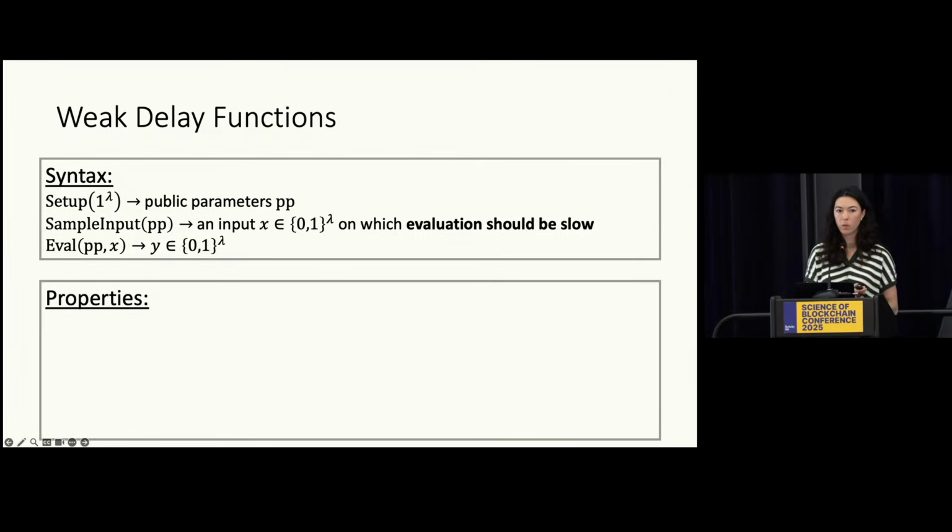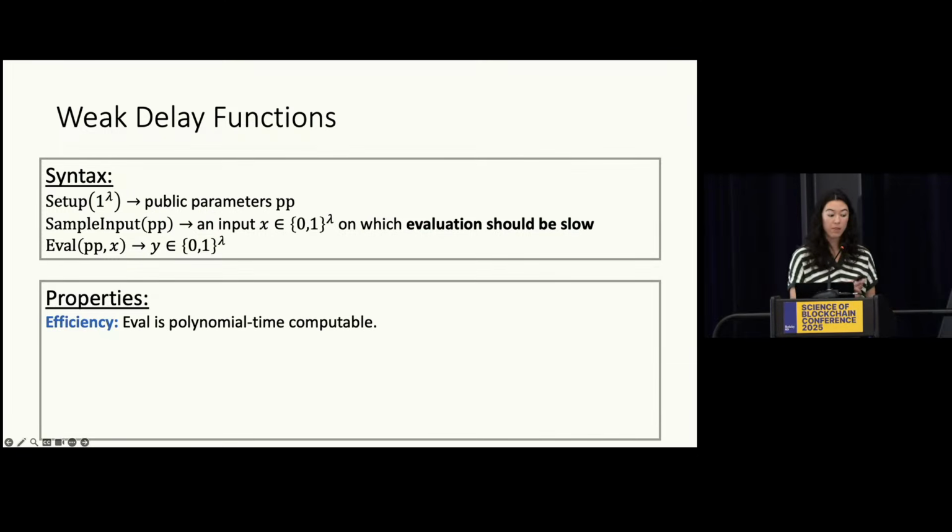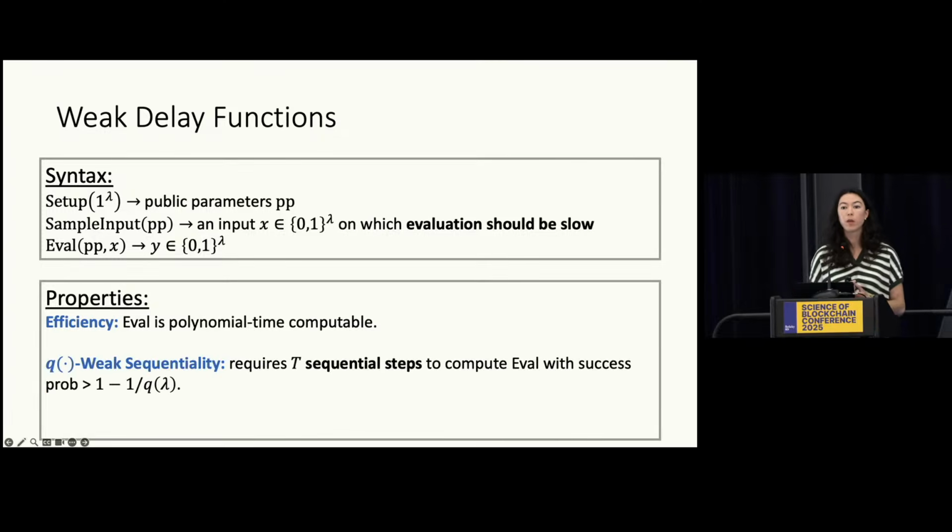Now, the properties that we want are very similar to, say, VDFs. First, we want efficiency, which is that the eval function is polynomial time computable. And we also want a very weak notion of sequentiality. So this says that it requires at least t sequential steps to compute eval with very high success probability.